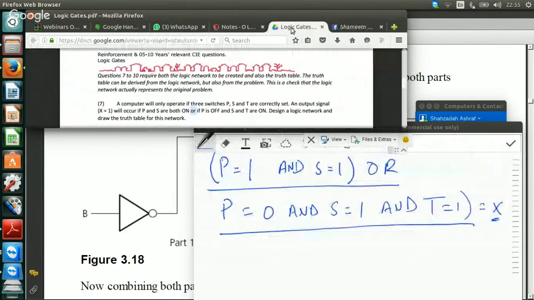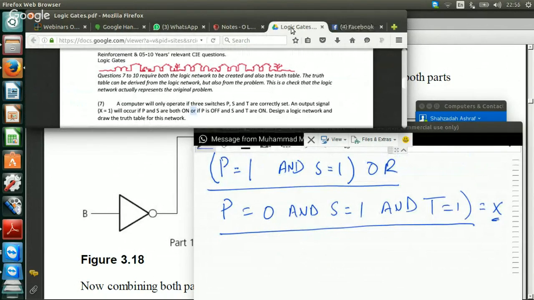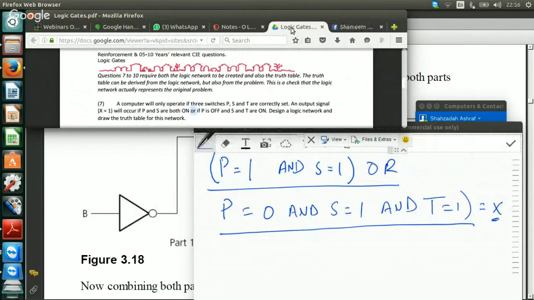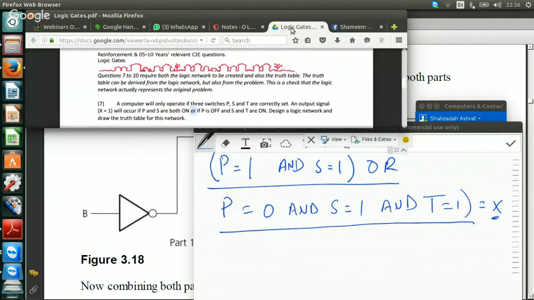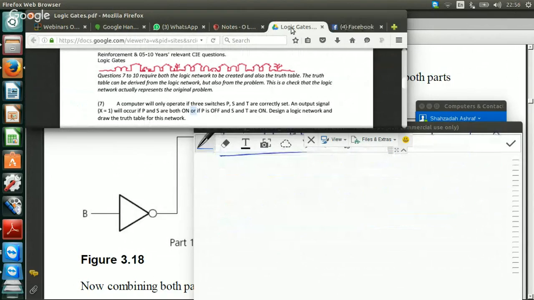So what is the trick of solving the equation? If you have derived an equation out of the statement, how are you going to draw a logic circuit out of an equation? So it is again pretty easy. Just let me rewrite this whole equation in a way.